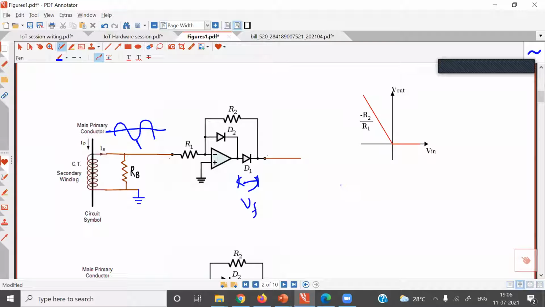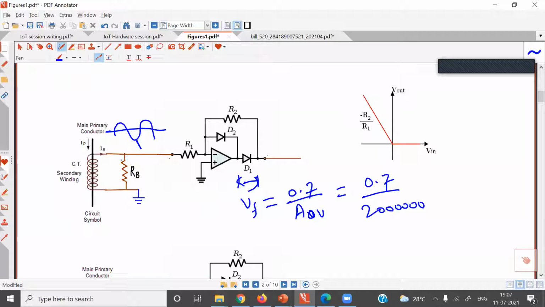Then due to the use of the operational amplifier here, the actual voltage drop across the diode will be 0.7 divided by the open loop gain of the amplifier. This open loop gain of the operational amplifier is very large, around 2 lakh, 3 lakh. So if the open loop gain is 2 lakh, the voltage drop across the diode will be very, very small, in microvolts, and conventionally it is 0.7 volt.